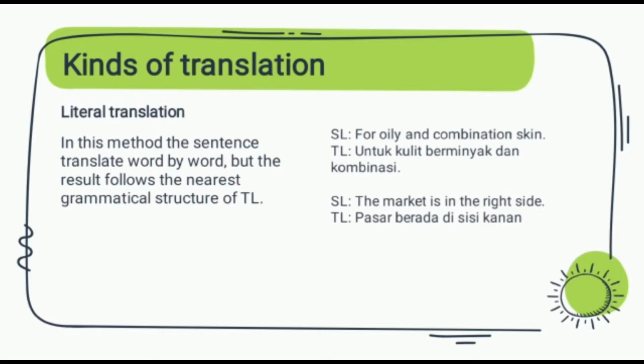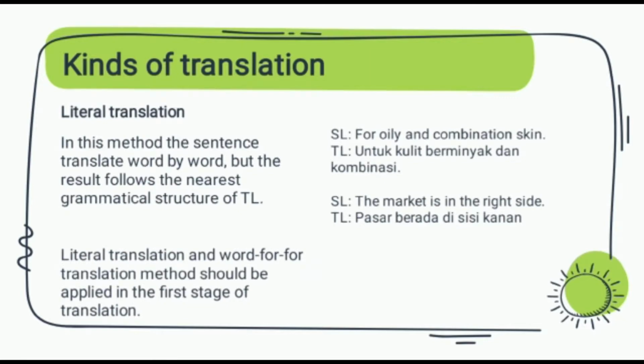As you can see again guys, the translator focuses on the grammatical structure of the sentence from the target language or bahasa because we are using bahasa as the target language. For your information, literal translation and word-for-word translation methods should be applied in the first stage of translation.